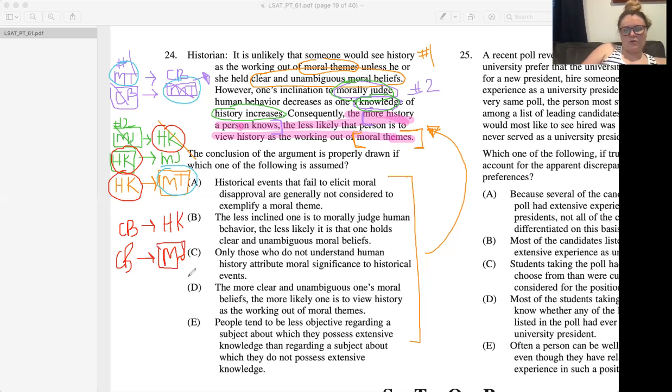Therefore, we're looking for something that connects those two. So if we look at answer choice B, the less inclined one is to morally judge human behavior. So if we don't judge, the less likely it is that one holds clear and unambiguous moral beliefs.